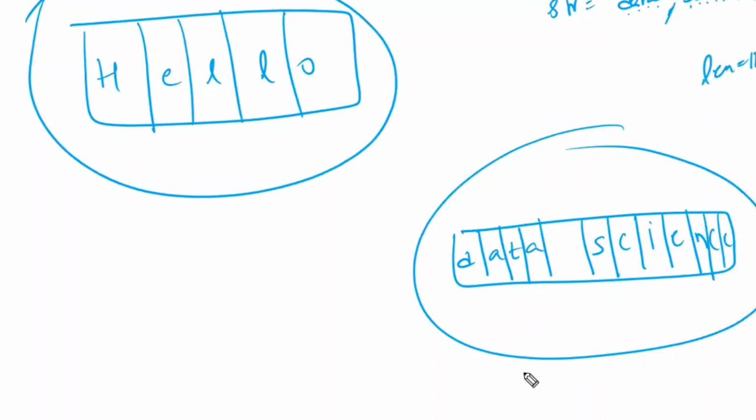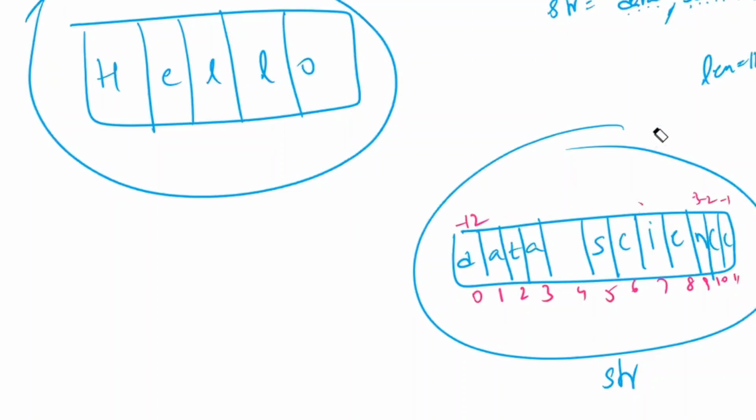This is with respect to the variable name str. The subscript, that is the index number, is 0, 1, 2, 3, 4, 5, 6, 7, 8, 9, 10, and 11. Similarly, -1, -2, -3, -4, like this, you are going to get up to -12. This is with respect to positive indexing and negative indexing.